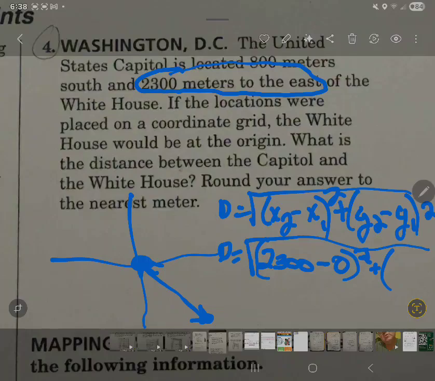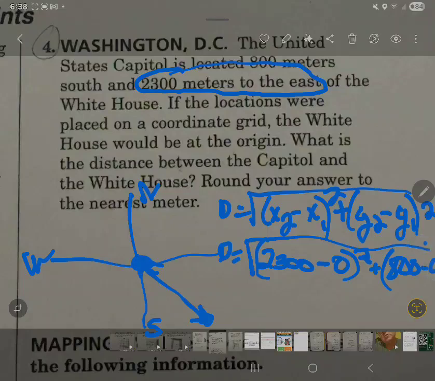Now, y2. Well, the y value is up and down. How far down is this y value right here? Didn't it tell us that it was 800 meters south? Because if this is south, this is north, this is east, and this is west. So it's 800 minus, well, what's the y value right here?